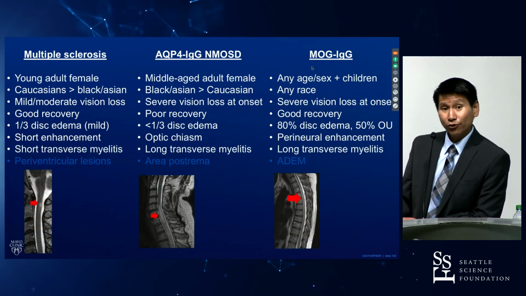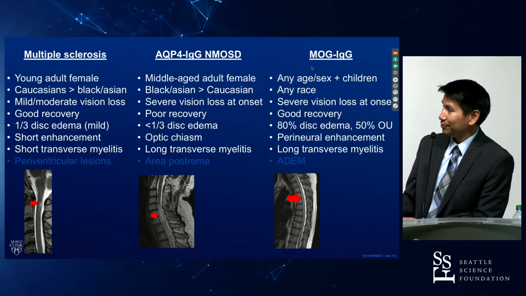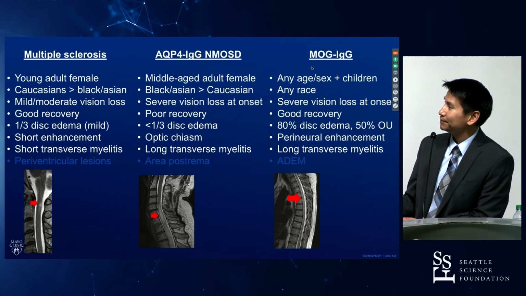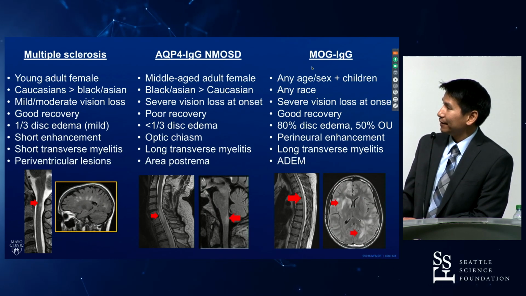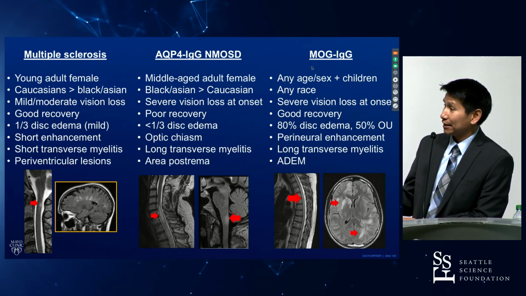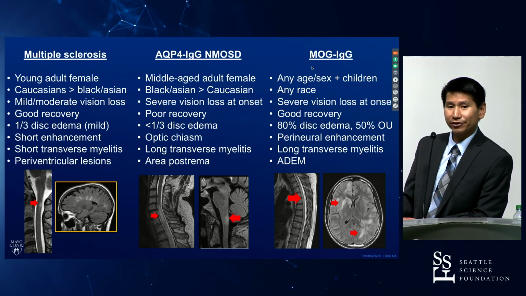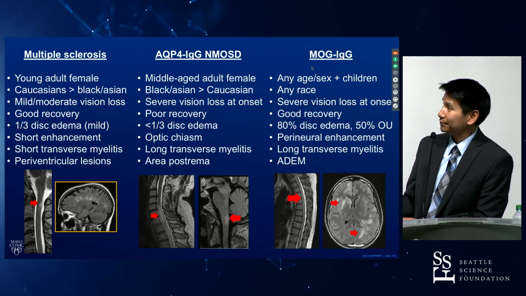Both MOG and aquaporin 4 can cause a long transverse myelitis, but with MOG, it's often that central gray causing that H sign. And then in terms of lesions outside the spinal cord and nerve, you think MOG for ADEM, area postrema, think NMO, and of course, periventricular white matter lesions, you're going to be thinking MS.